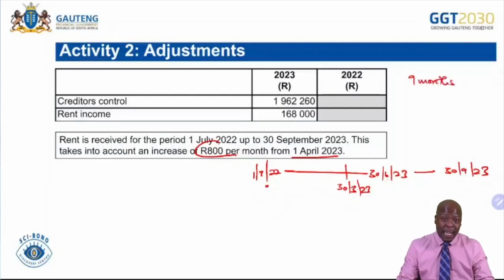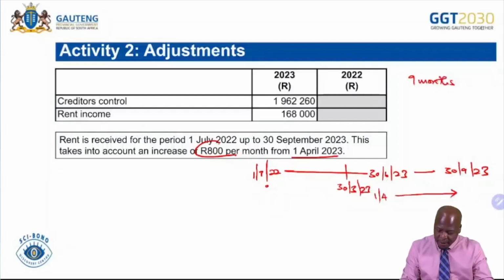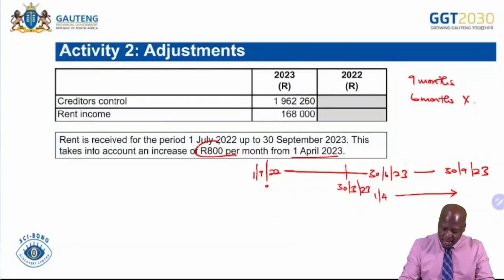But from the 1st of April until 30 September, we have now received rent with increase. That is how many months now? Those are your 6 months. 6 months here have an increase, and that increase is how much? 800.